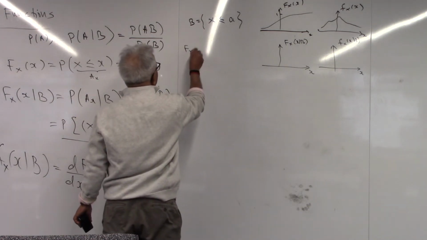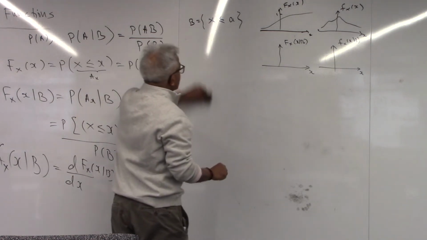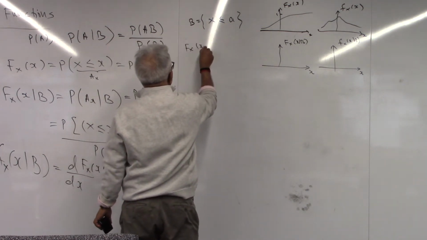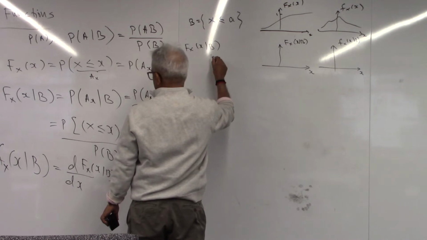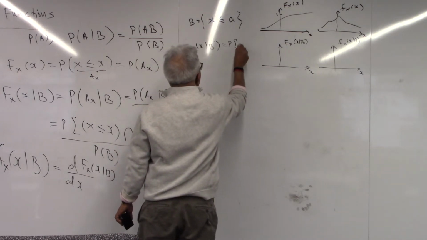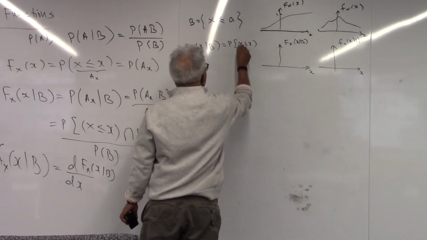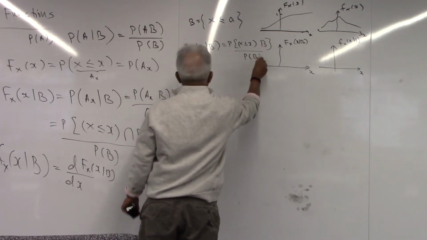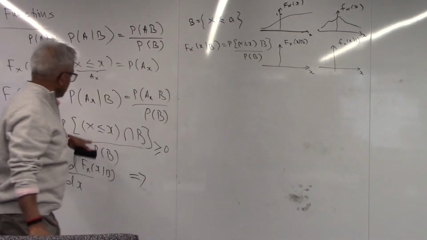First of all, the conditional distribution function of X given B is the probability of X less than or equal to x intersection with B, over P(B). I'm just copying this formula.